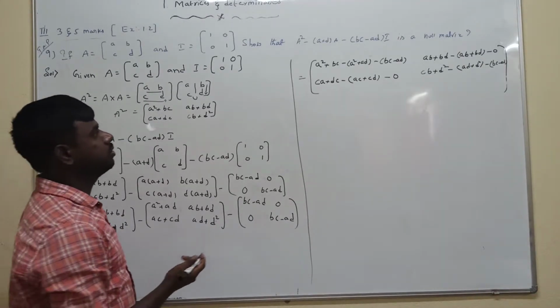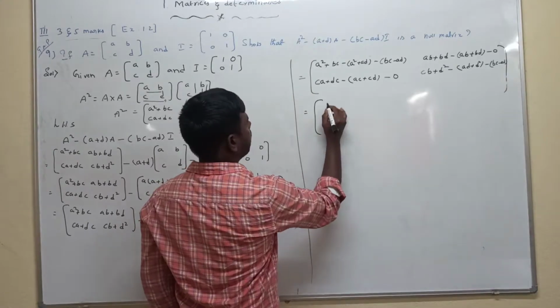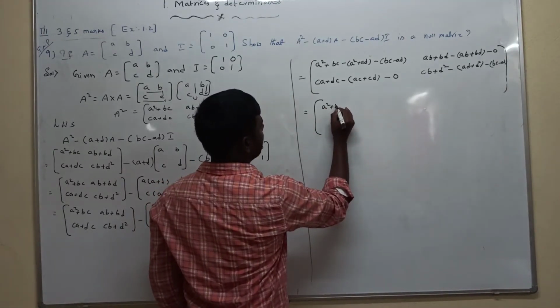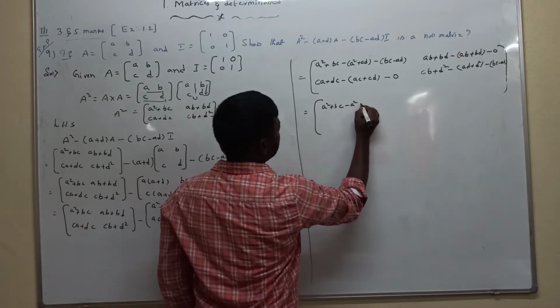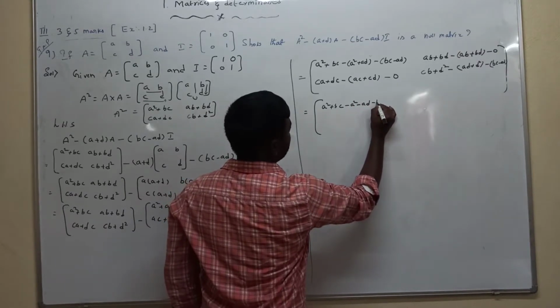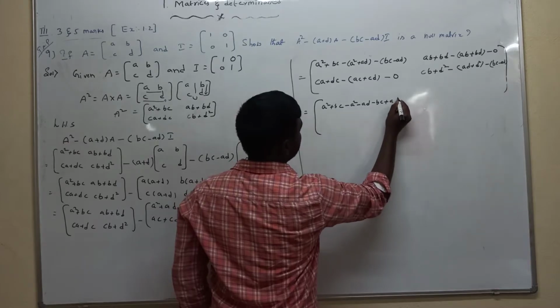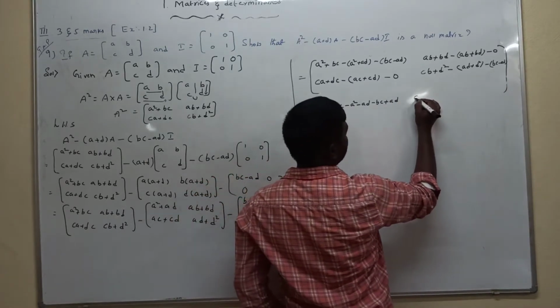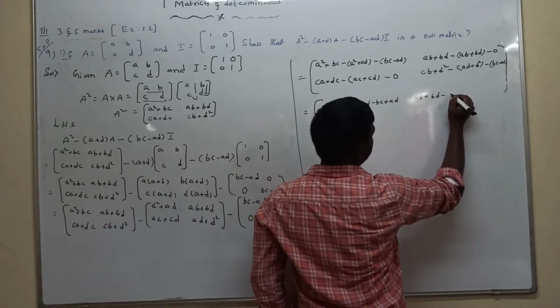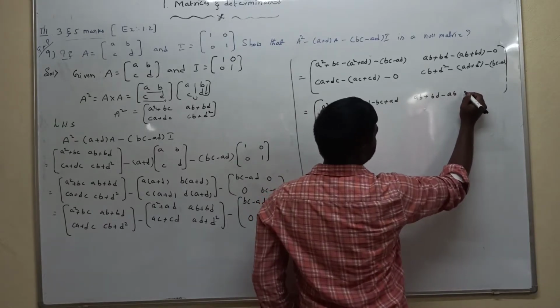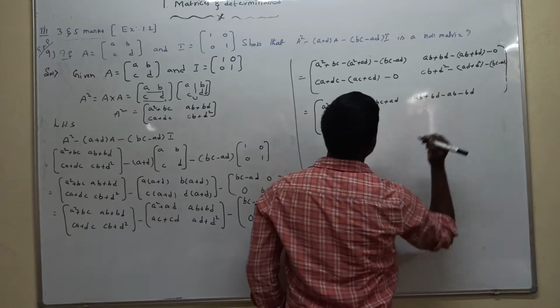So now a square plus bc, with the product of the minus sign, minus a square minus ad minus bc plus ad. Next, ab plus bd, the product of the minus sign gives minus ab and minus bd.